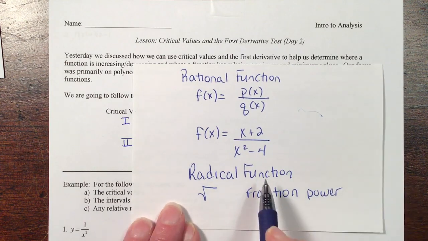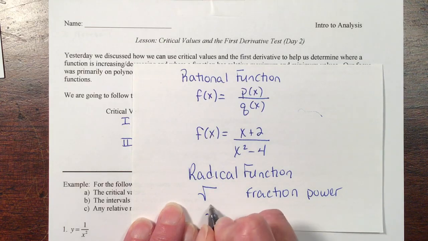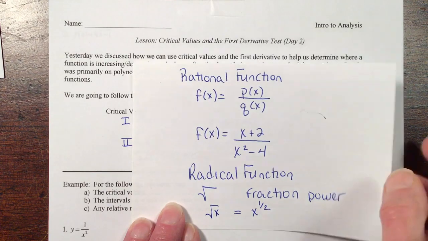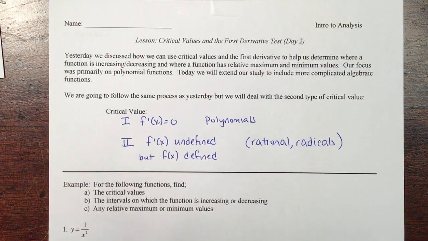And a radical function is when you see a square root in the function, which we know we can rewrite as a fraction power. So something like the square root of x would be x to the 1/2 power. I'm going to try to do an example of each in this lesson so you'll have a better idea of what's going on.